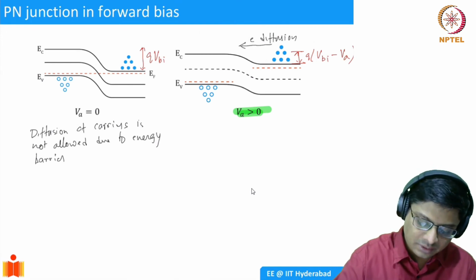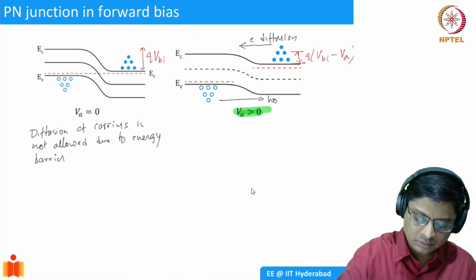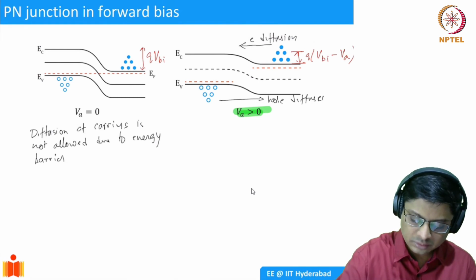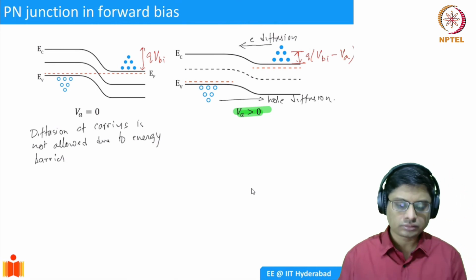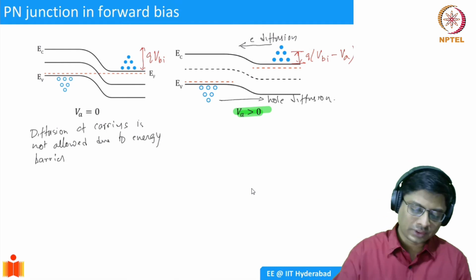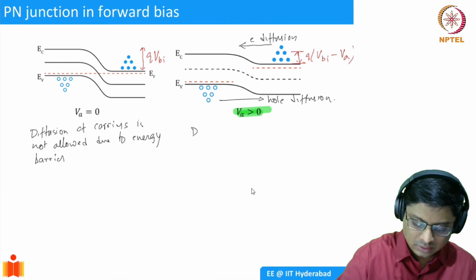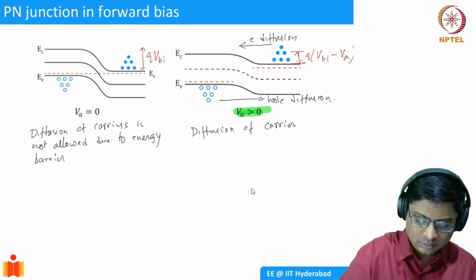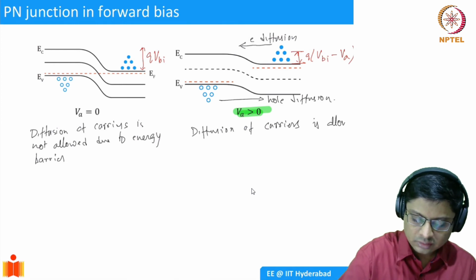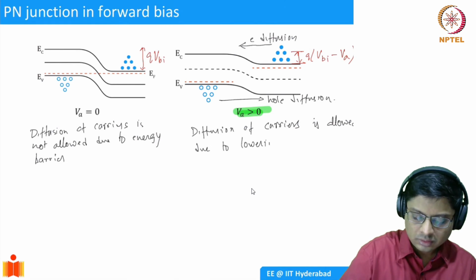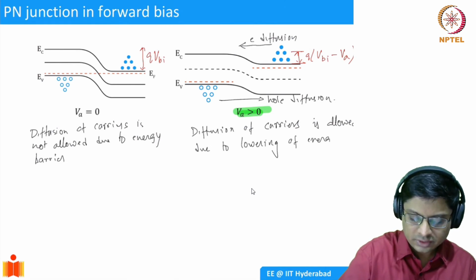And similarly, you have the holes which can diffuse. So essentially what's happening is diffusion of carriers is allowed due to lowering of the energy barrier.